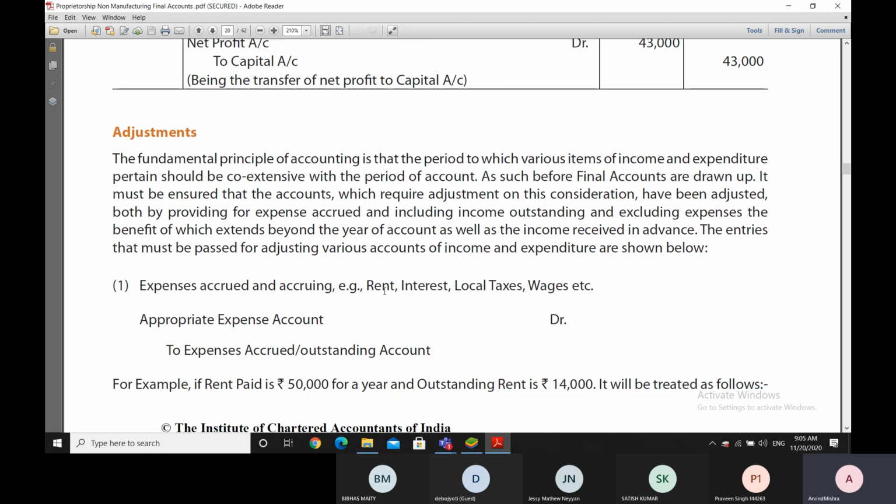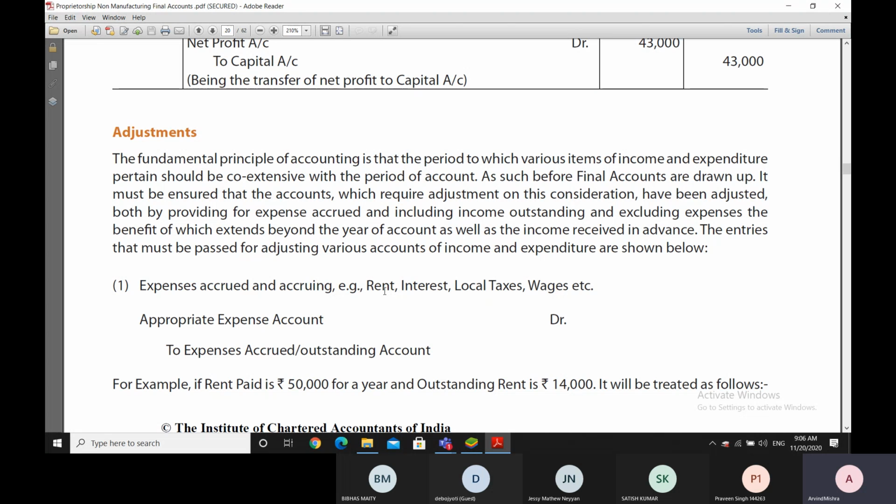And that fundamental principle is that the period to which various items of income and expenditure are pertaining should be coextensive with the period of the account, which means that only those items of income and expenditure which relate to that period of account should only be entered in the books of accounts.